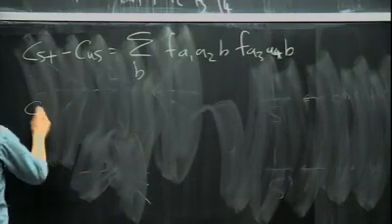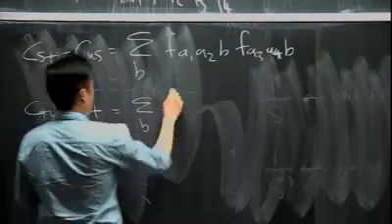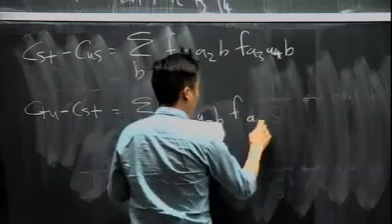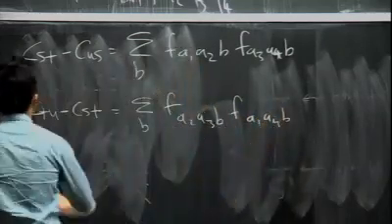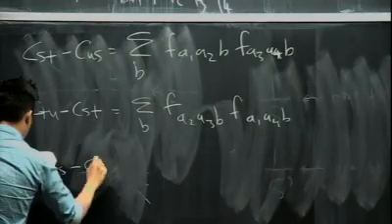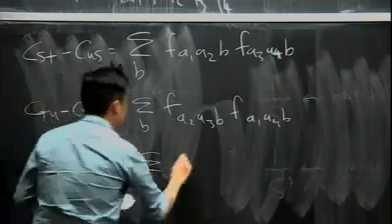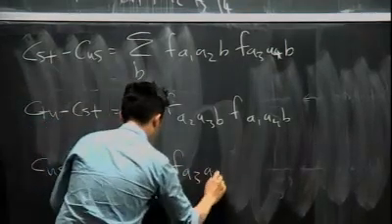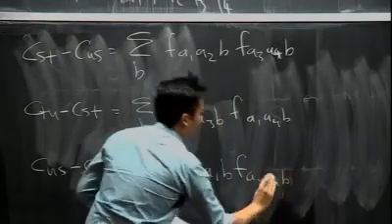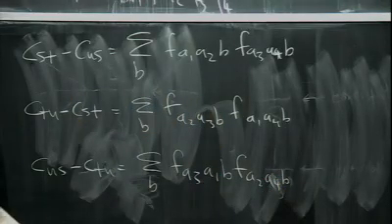And you'll find C_TU minus C_ST equals the sum on B of F A2 A3 B, F A1 A4 B. And the last equation, C_US minus C_TU equals the sum on B of F A3 A1 B, F A2 A4 B. So it's a bunch of kind of complicated objects, but the origin of the structures is simple.